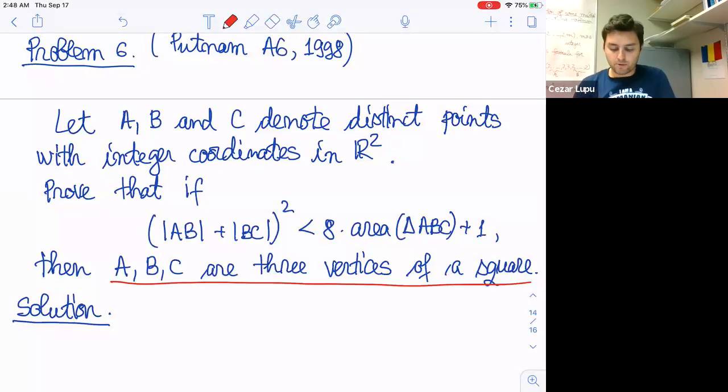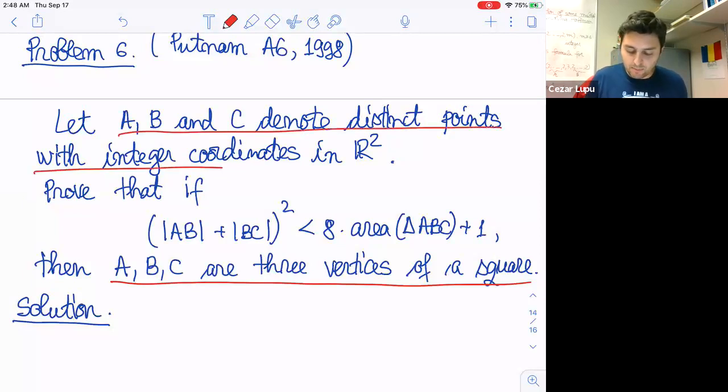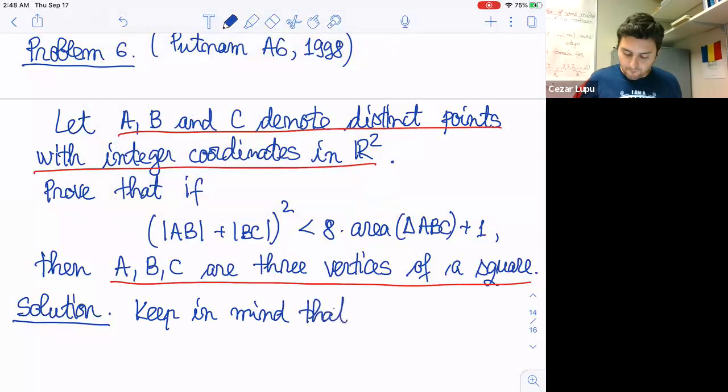How do we approach this? We also have this important information that these ABC are lattice points. Keep in mind that ABC are lattice points.